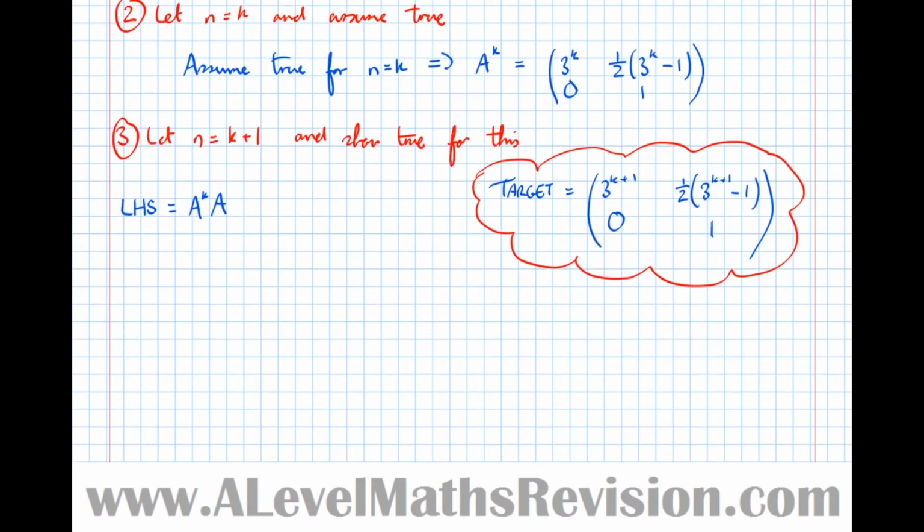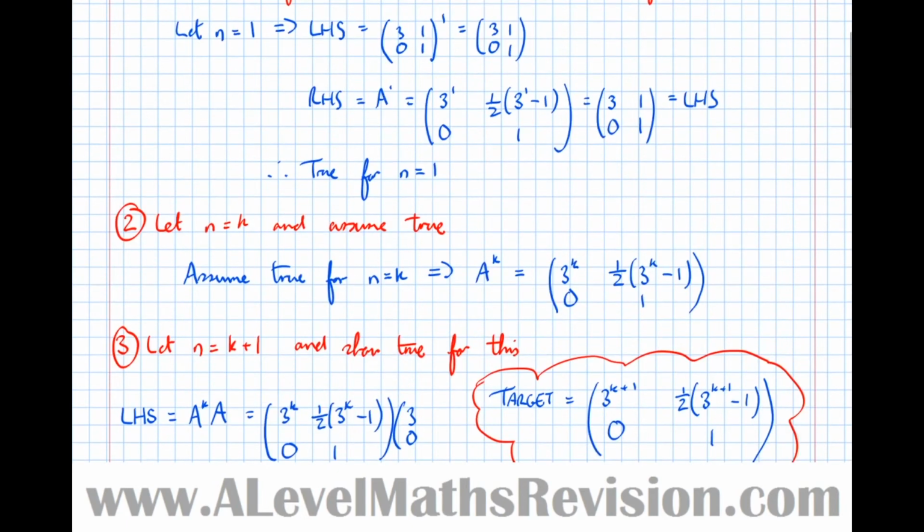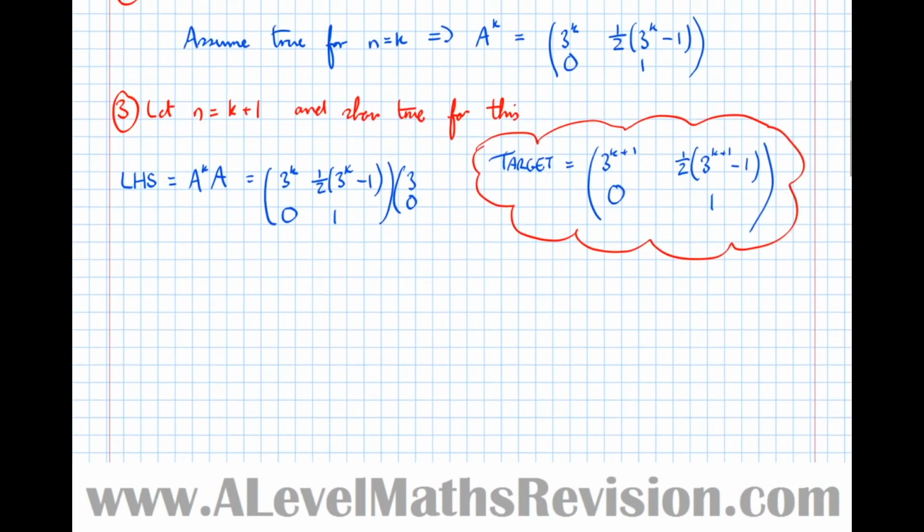So taking that expression there equals [3 to the k, 0; a half of (3 to the k take 1), 1] times our A, which is [3, 0; 1, 1].